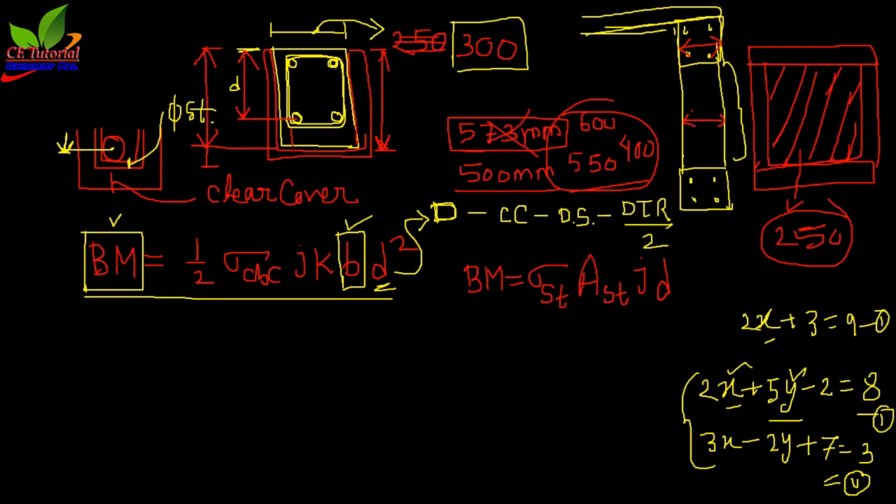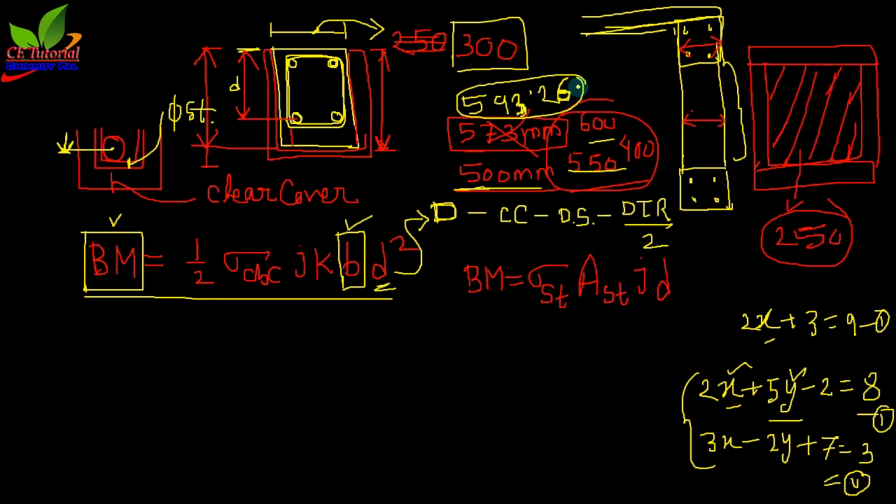Why have I done this? Because we have to keep in mind that the overall depth should be in round figure. You can use the value of the effective depth with this type of figure, suppose 593.26. You don't have any problem, because you are just using this value to design this section.